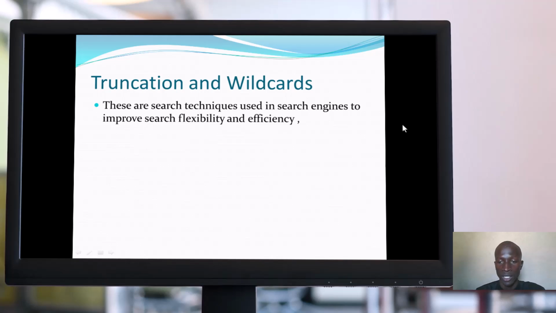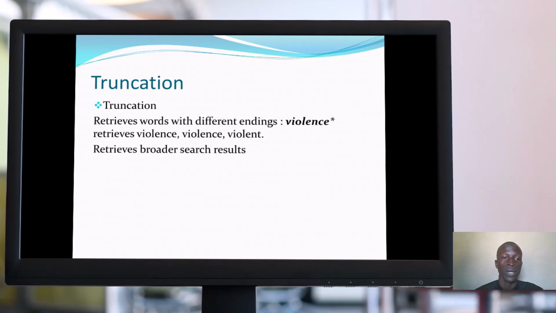Now let's look at truncation. We speak about truncation and wildcards. These are just the search techniques that are used in search engines to improve our search flexibility and efficiency. Let us dive into them one by one. We have truncation. In truncation, it retrieves words with what? With different endings.